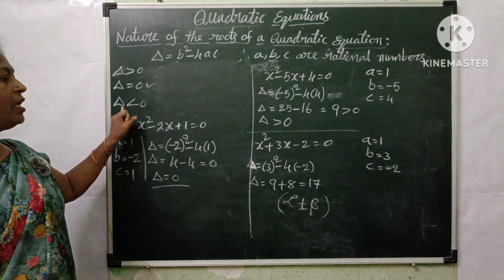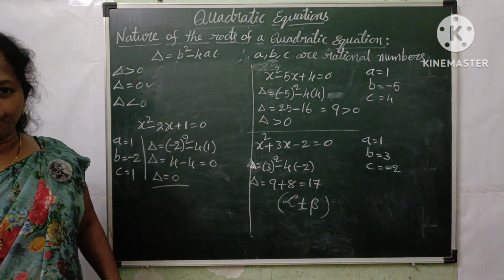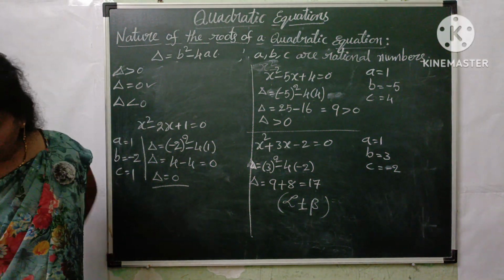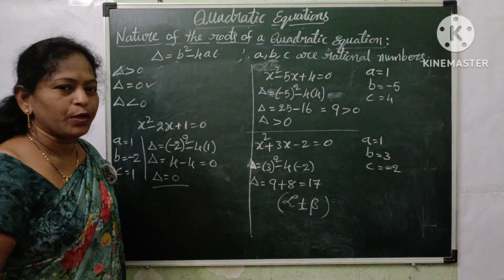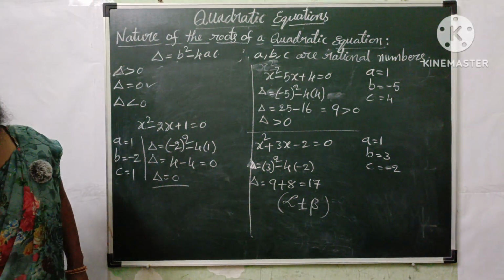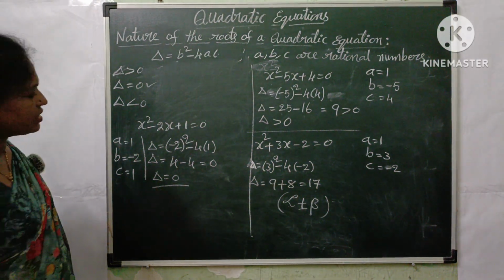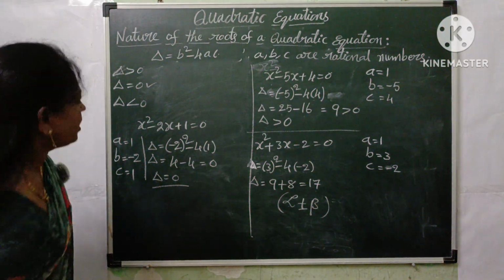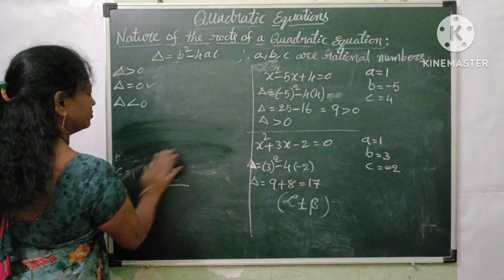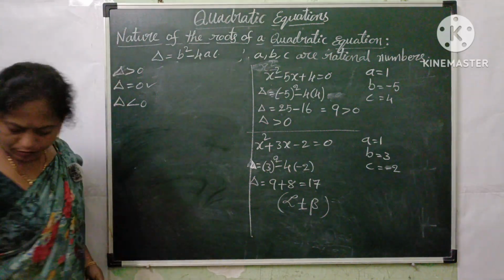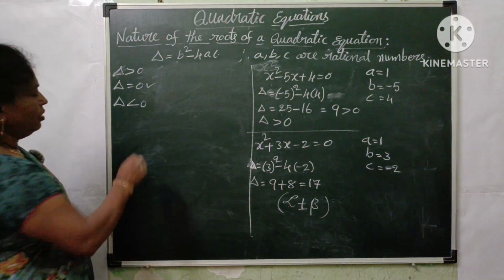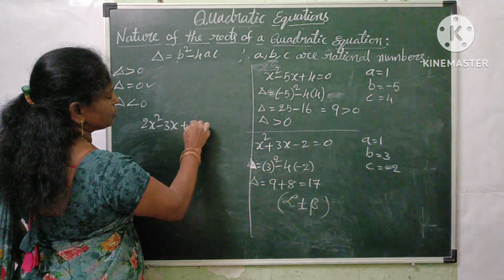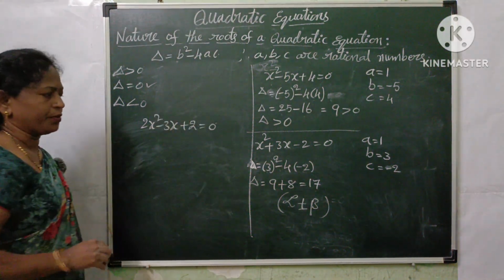Next one is delta less than 0. Here, when delta is less than 0, the roots are imaginary and conjugate to each other. One example I have taken: 2x square minus 3x plus 2 equal to 0.